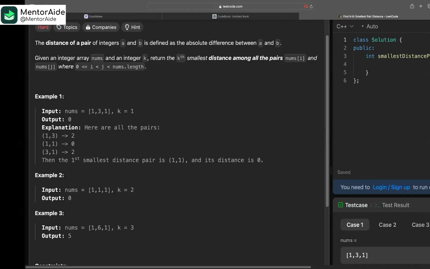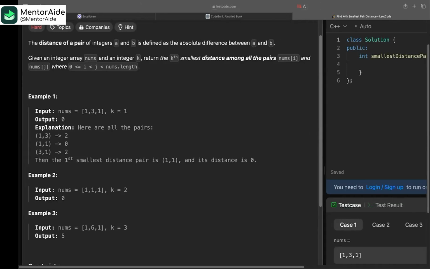And to find the kth distance, we'll use sliding window somehow. We try to find out whether the mid which we have found can be the kth distance or not. If it is greater than k, like k plus 1, k plus 2, then we know we need to go lesser, so we go to the left half. But if it is lesser, like k minus 1, k minus 2, then we move to the right half of low and high. This is how we are using binary search plus that thing.